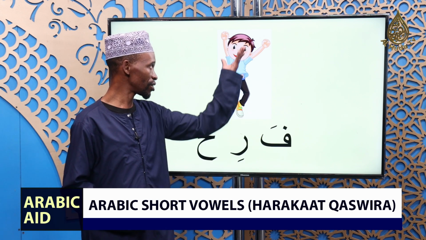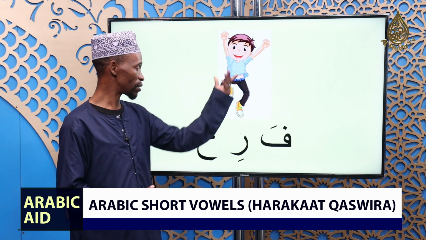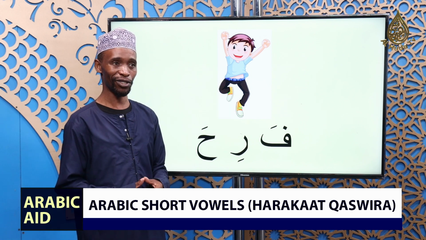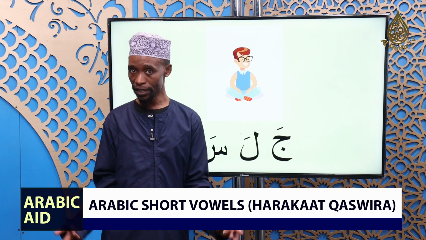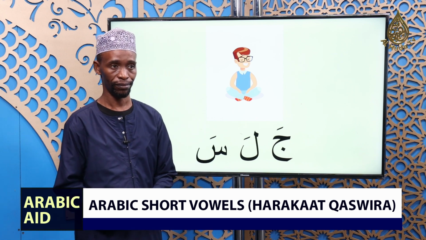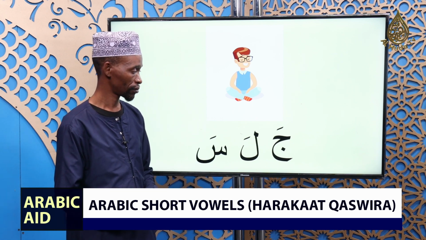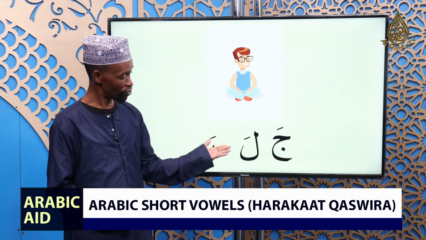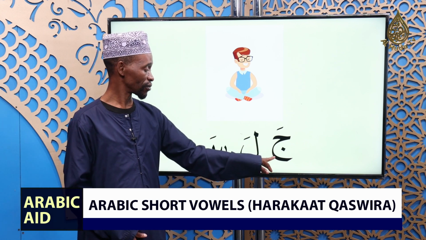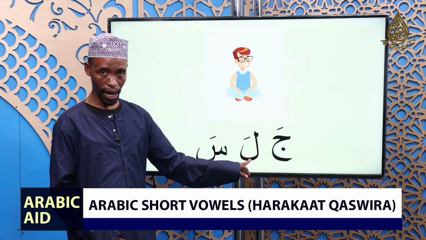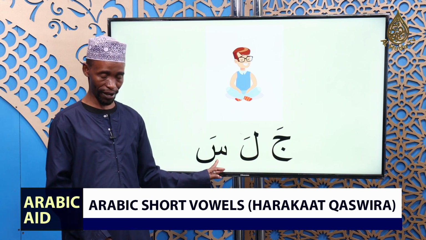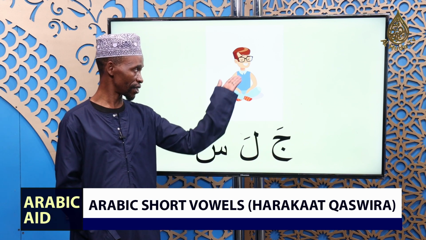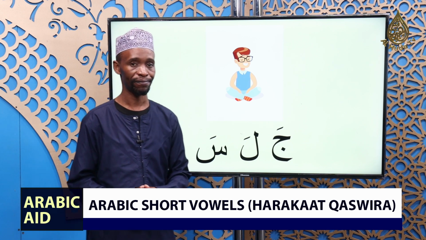And it is indicated by the picture, which means he was happy. And this one, what word is it? The word is jalasa. Jalasa, as indicated by the picture there.